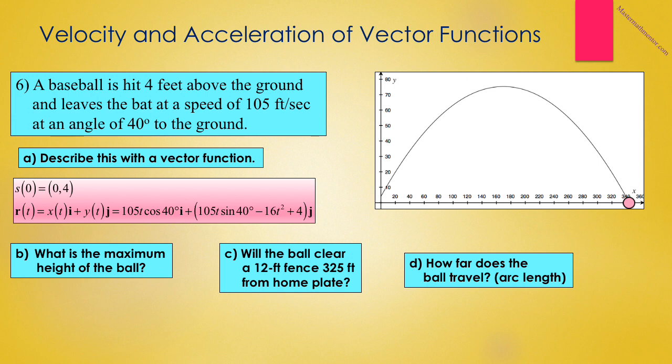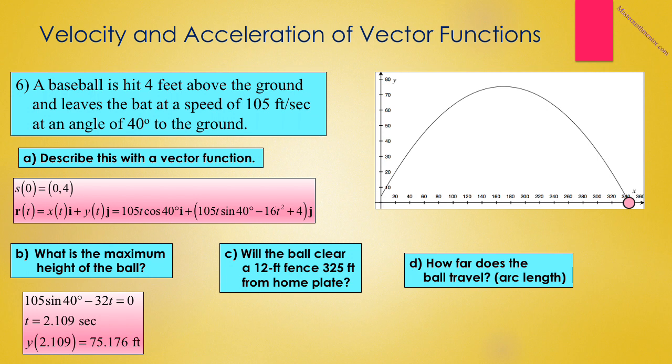You might want to put this into your calculator in parametric form and graph this in the window shown for t running from approximately 0 to 8 seconds, and see if you get the graph that you see on the screen.